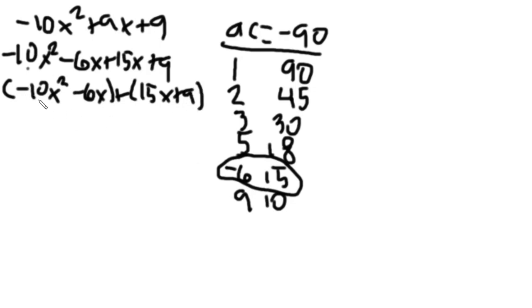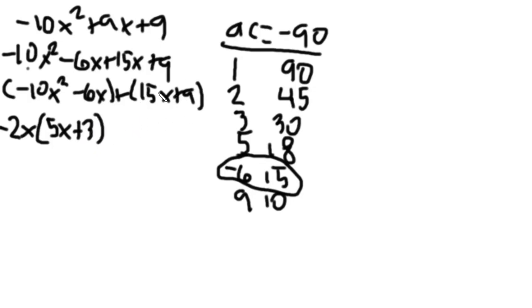Here I have a negative in common, also a 2 in common, and I can pull out an x also. To figure out what goes inside the parentheses, we divide. Negative 10x squared divided by negative 2x is positive 5x. And negative 6x divided by negative 2x is a positive 3.